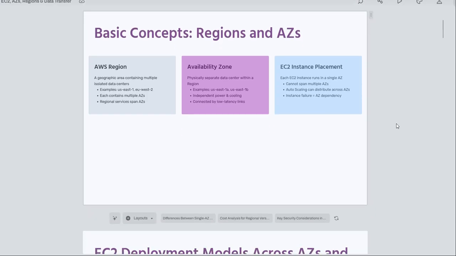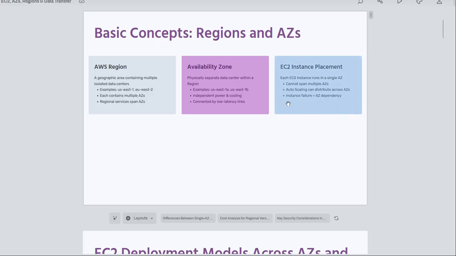Okay, so the basic concept of regions and availability zones with EC2: each EC2 instance runs in a single availability zone, right? And auto scaling can distribute across availability zones.